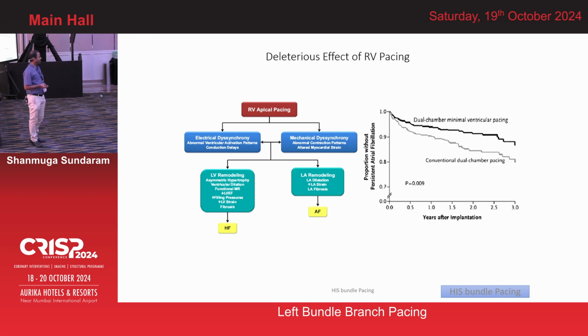How? We activate the right ventricle non-physiologically. It pulls the septum first when the left ventricle is about to contract. When the left lateral wall contracts, the septum relaxes, and when the septum contracts, the lateral wall relaxes. This dyssynchronous activation will ultimately result in the so-called pacing-induced cardiomyopathy.